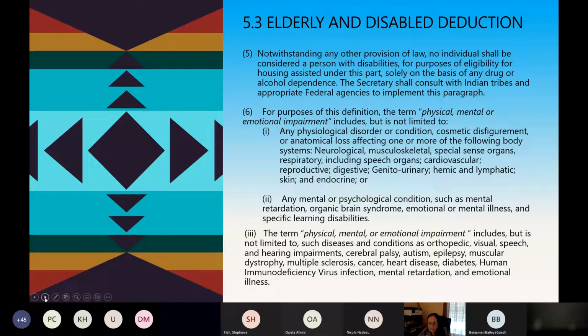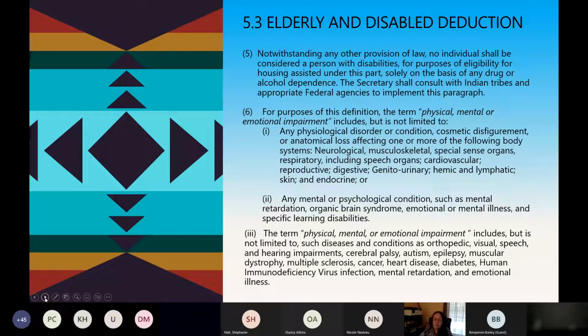For purposes of this definition, physical, mental, or emotional impairment does include, but is not limited to, psychological disorders, conditions, cosmetic disfigurement, and anatomical loss affecting one or more of the following body systems: neurological, musculoskeletal, special sense organs, respiratory, including speech organs, cardiovascular, reproductive, digestive, genitourinary, hemic, lymphatic, skin, and endocrine.